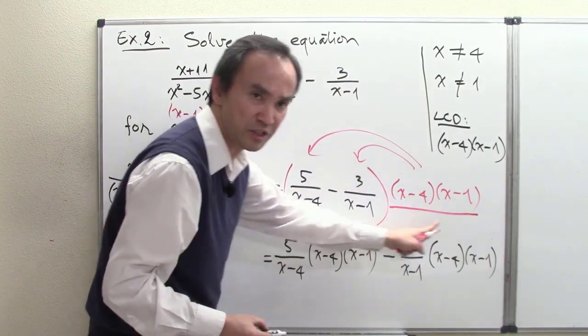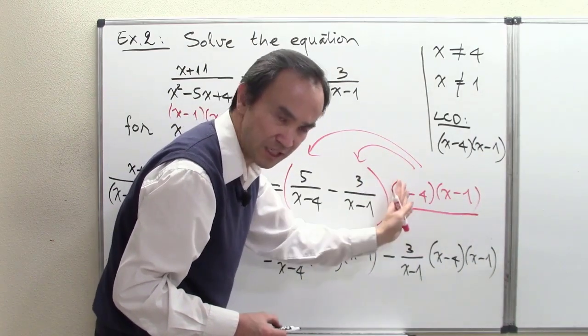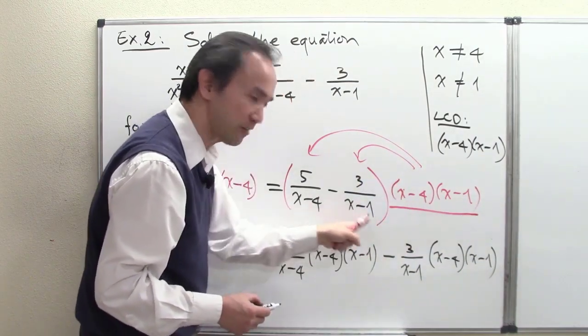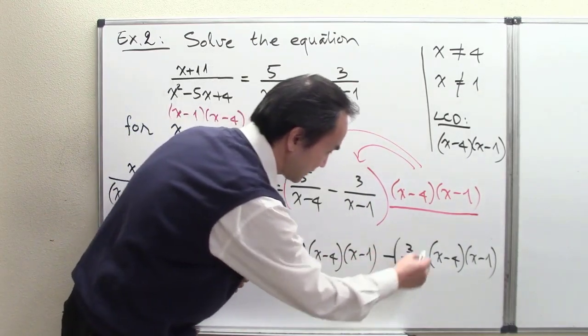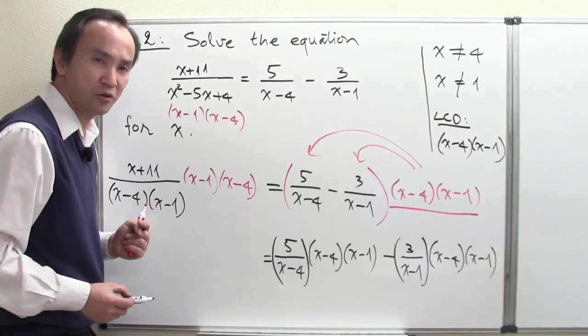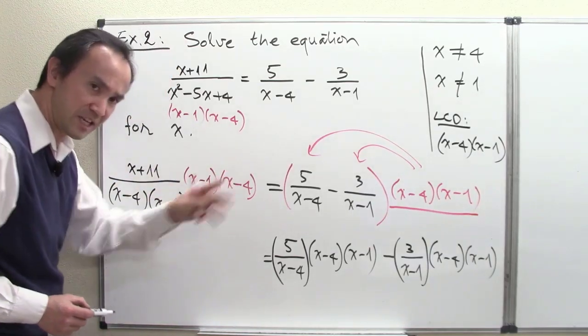We take the entire expression as one big factor distributed to each of our terms, and it would be better to put those in parentheses.